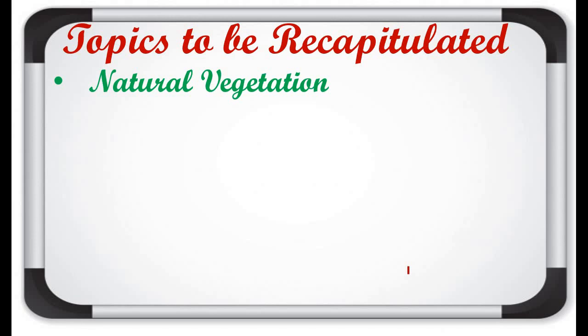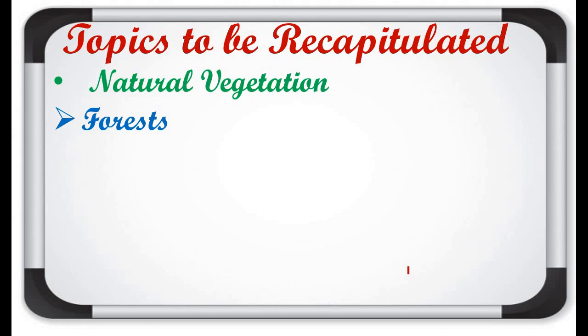Okay, so these are known as natural vegetation, and natural vegetation is classified into three main categories. First one, forests, second, grassland, and third one, thorny bushes. Okay, in yesterday's topic we studied the forest and its types.